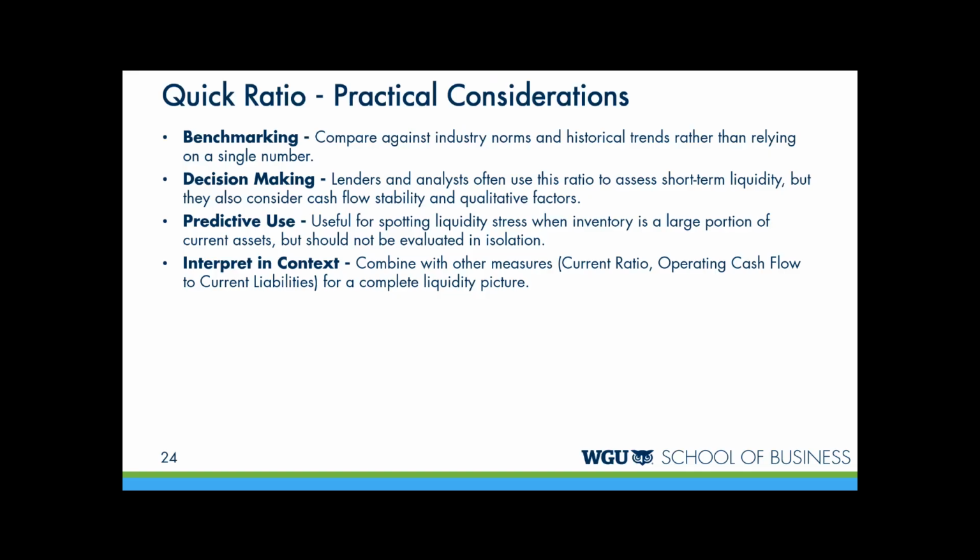We have to look at how our inventory policies, our accounts receivable collection policies have the potential to impact that quick ratio and its volatility. And as we said, we never look at a single ratio independently to make decisions. We're going to be using it with other measures in order to get a more complete picture for decision-making purposes.